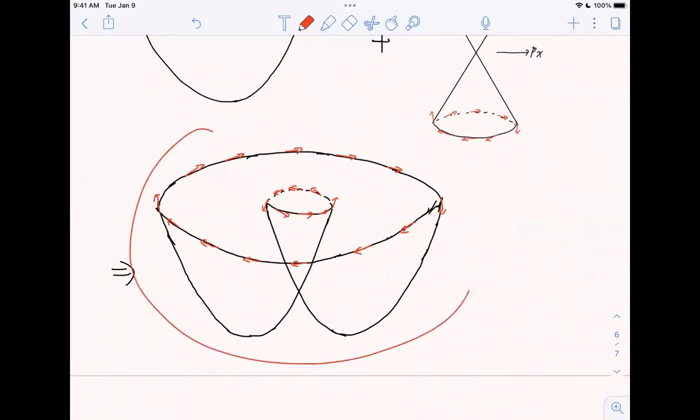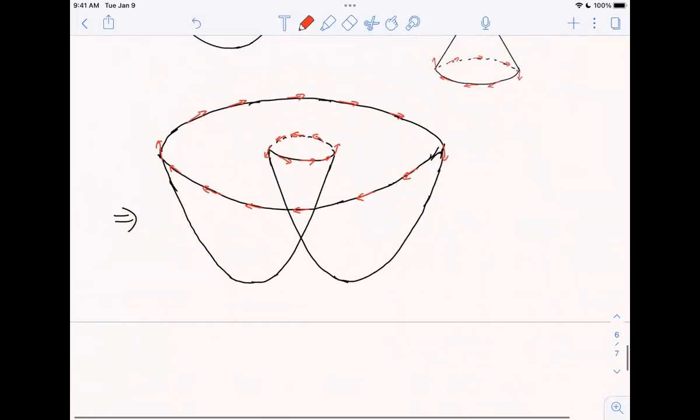Then you get a cone like, what is the name of this shape? You get the idea. It's something like the Mexican hat. And this is the typical dispersion for Rashba spin-orbit coupling.